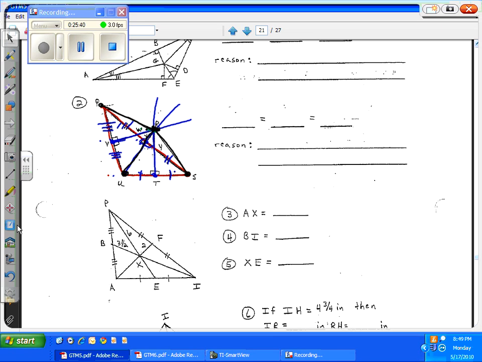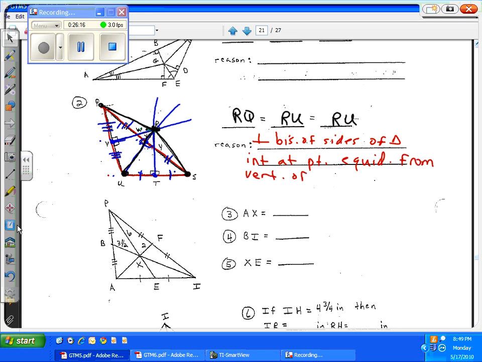So RU is equal to RQ is equal to RS because, and we'll abbreviate again, perpendicular bisectors of the sides of a triangle intersect at a point equidistant from the vertices of the triangle.